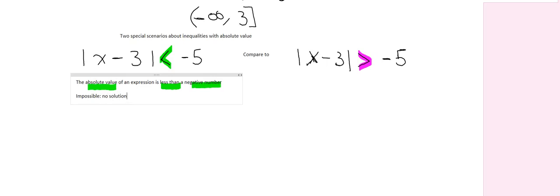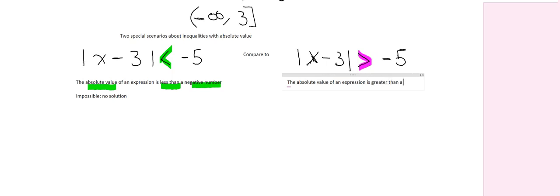Now, if we look at the other example that we're comparing it to, what is it telling us? It's telling me the absolute value of an expression is greater than a negative number.